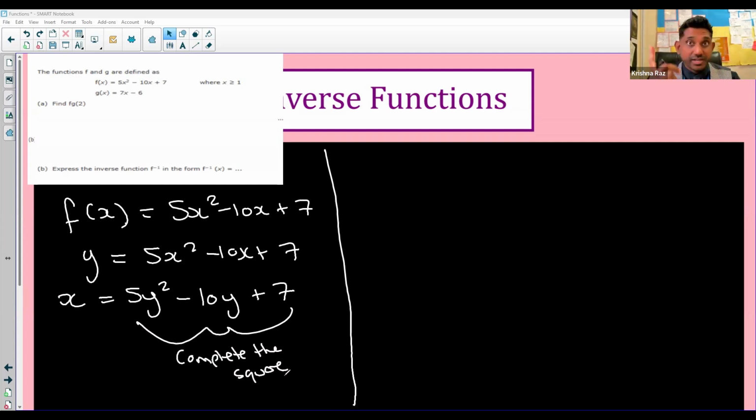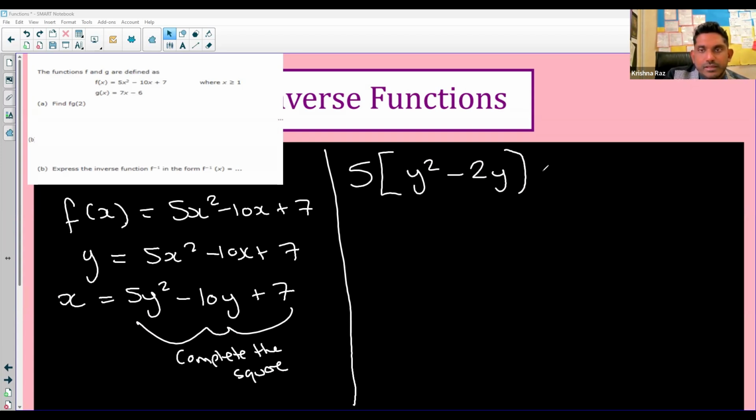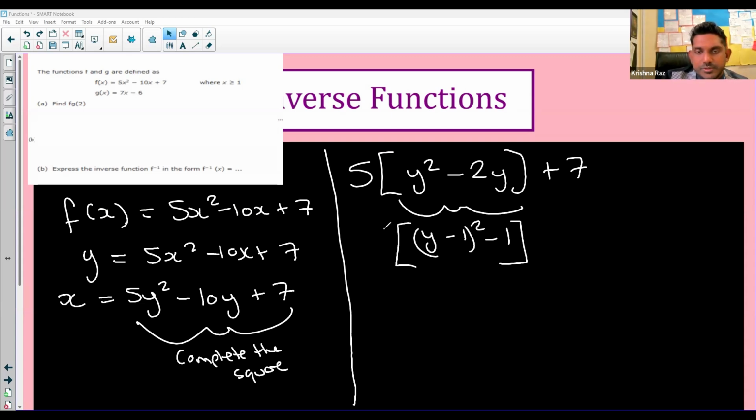If you're not sure how to do that, check out my complete the square video. So we're going to take the factor out. This becomes y minus 1 squared minus 1 squared. We times it all by 5 and plus 7. So we've got 5 times y minus 1 squared minus 5 plus 7, and that is all equal to x.